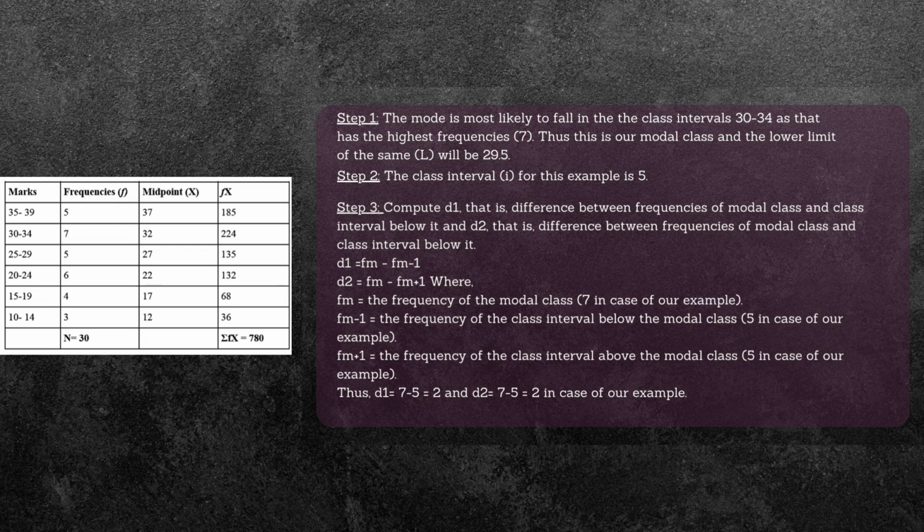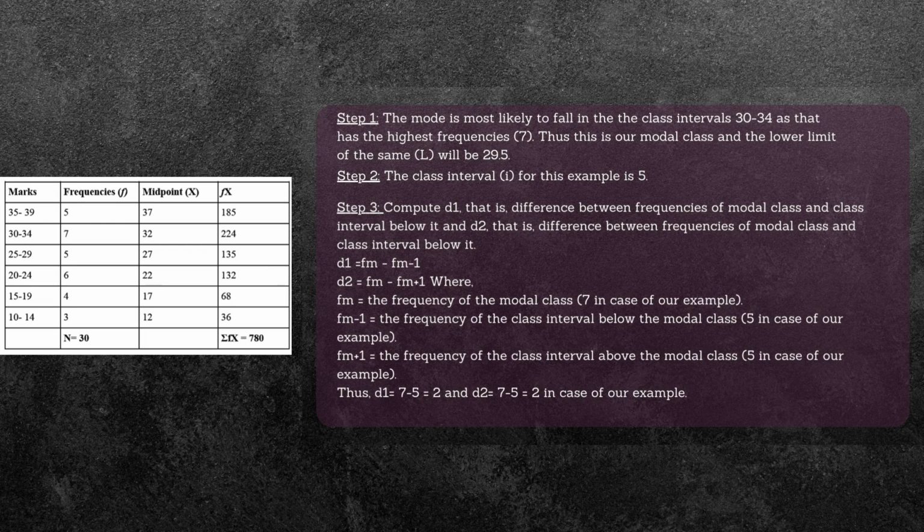Because you can see the calculation of D1, which is Fm minus Fm minus 1, is 7 and 5. So 7 minus 5, below is 5 and above is also 5. In both cases, you will get 7 minus 5 is equal to 2.